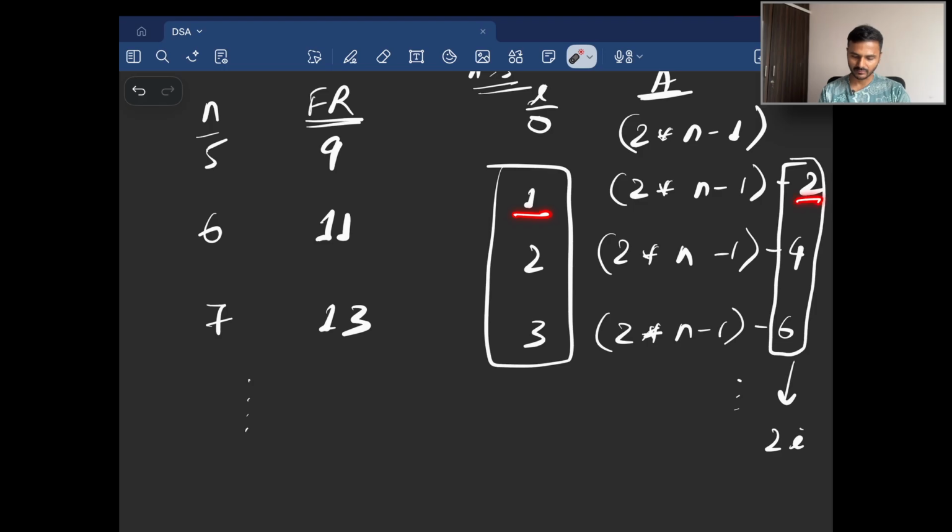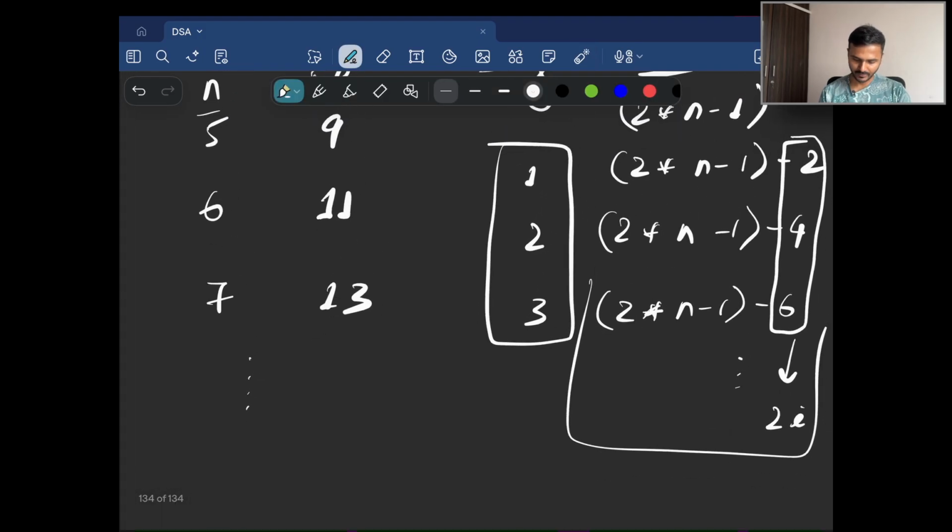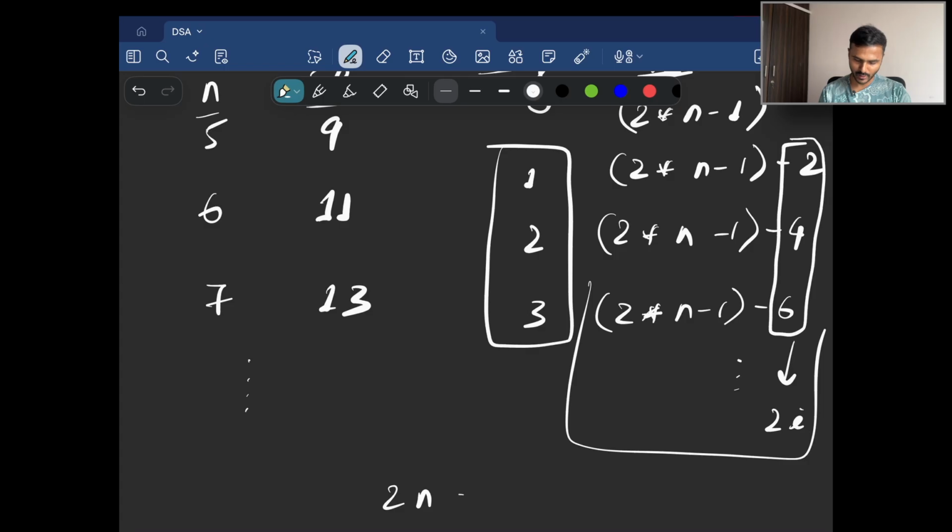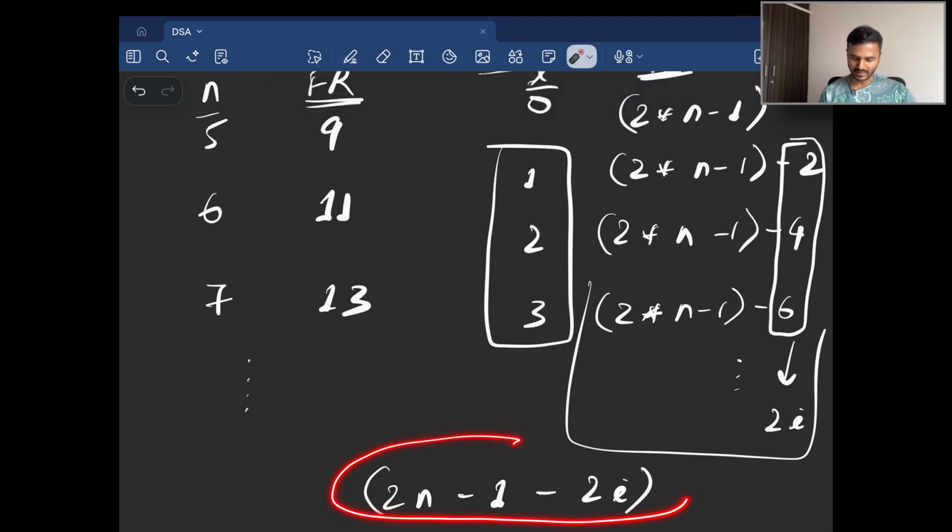So if i is 1, this is 2, i is 2, this is 4, i is 3, this is 6, and so on, right? So can we write all of this down this way? Can we say 2n minus 1 minus 2i? We can, right? So this expression would give us the number of asterisks that we need to print given the value of n and the value of i, that is the row that we are on.